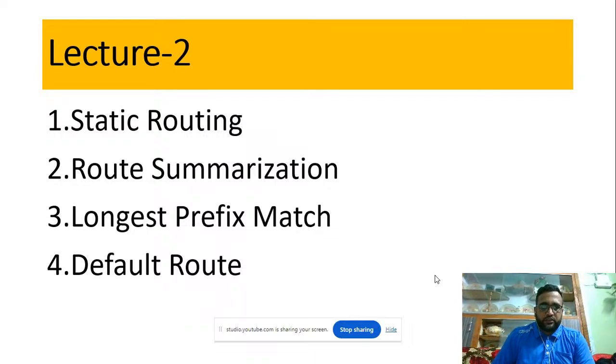And at the end, we have a topic related to the default route. Whenever we don't have any route towards a network, we need to forward the packet towards the default route. So in today's lecture, we are going to discuss the default route topic as well.